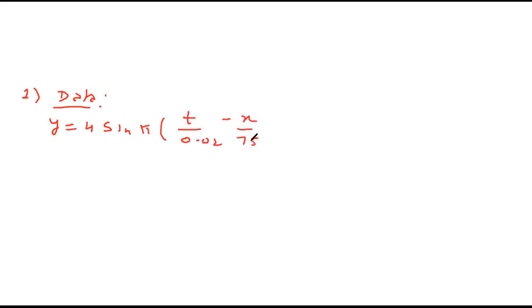First question. Equation of simple harmonic progressive wave is given by y equals 4 sine pi (t upon 0.02 minus x upon 75), in centimeter.